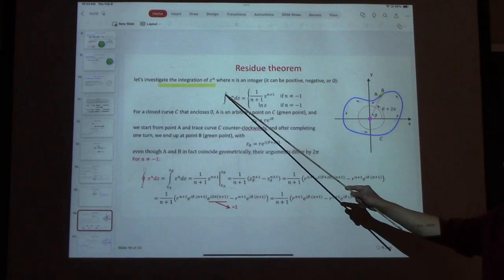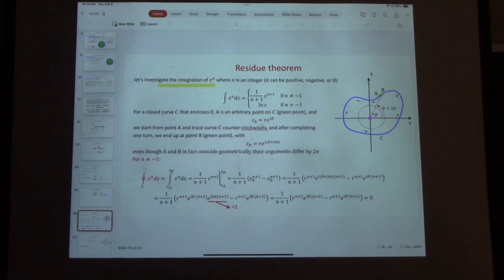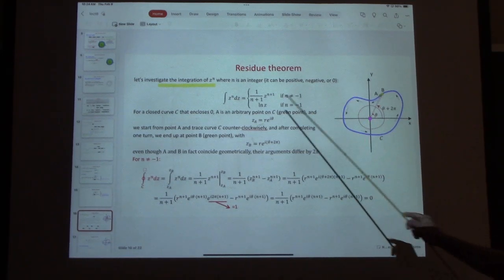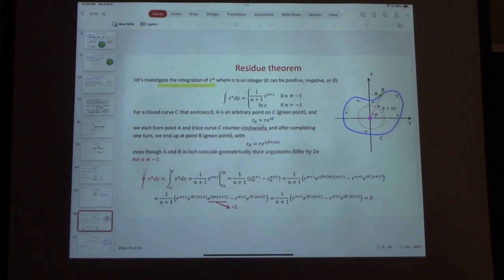Let's just investigate this. Integration of a very simple function, z to the power n. That's a polynomial. Nothing can be simpler than that when you integrate. Okay, so we know the integration of z to the n is equal to 1 over n plus 1 times z to the n plus 1.